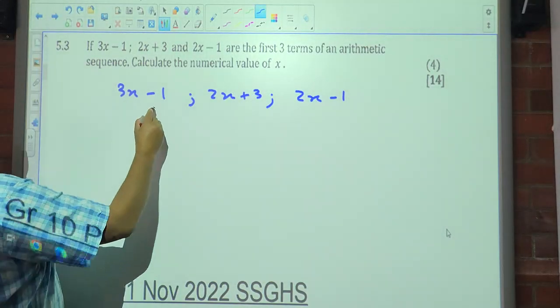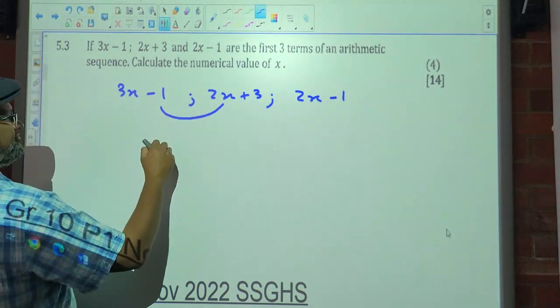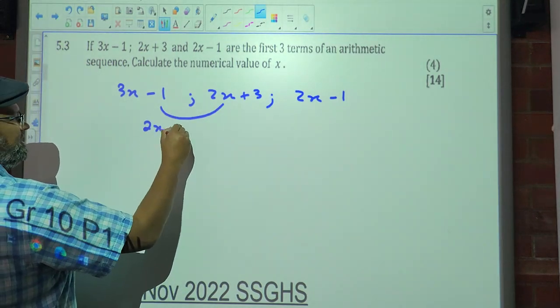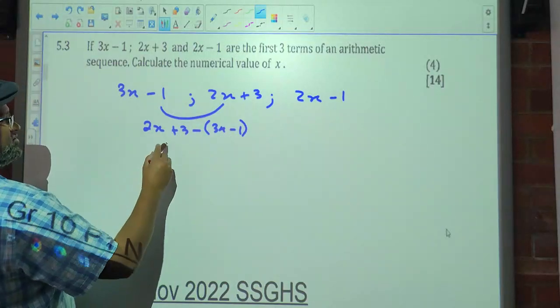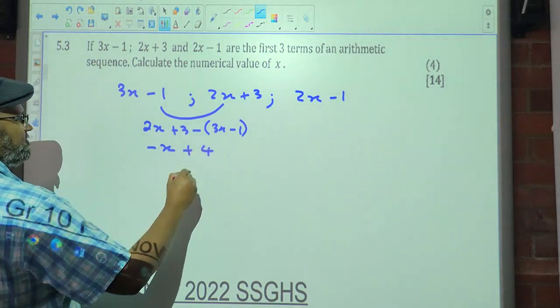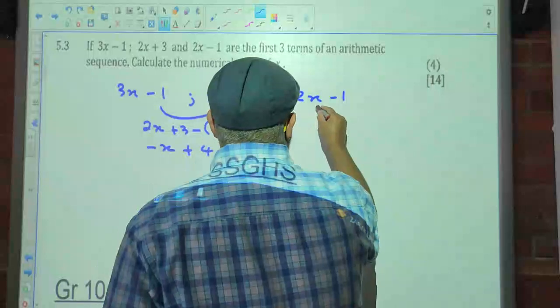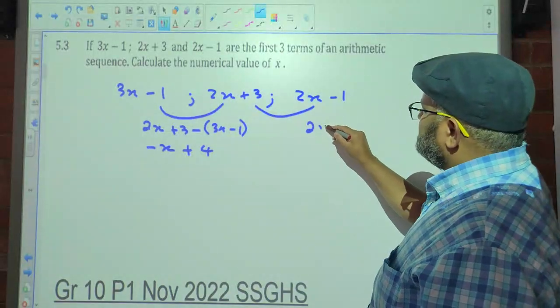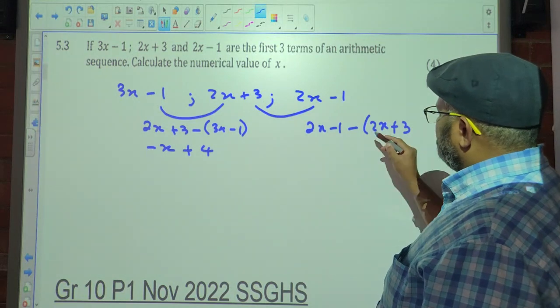Okay. So how do we move from one term to the next? We basically say 2x plus 3 minus (3x minus 1). So that is simply minus x plus 4. Okay? What is the difference here? 2x minus 1 minus (2x plus 3).